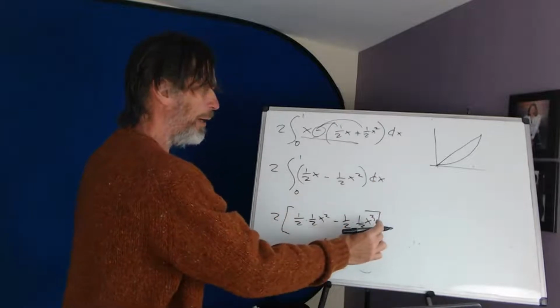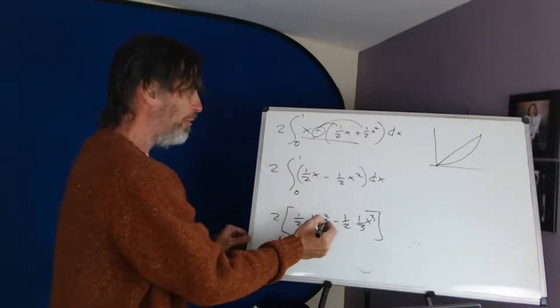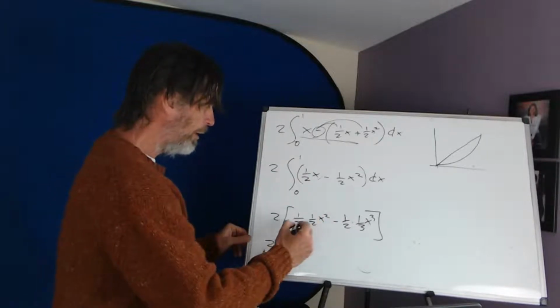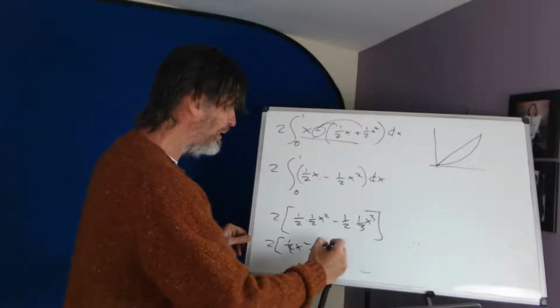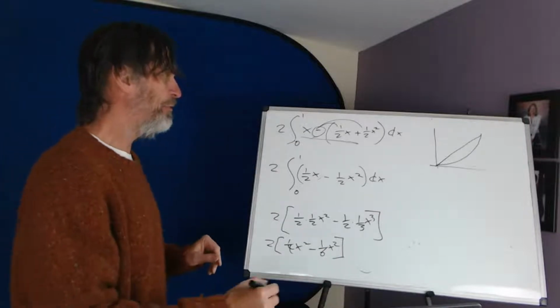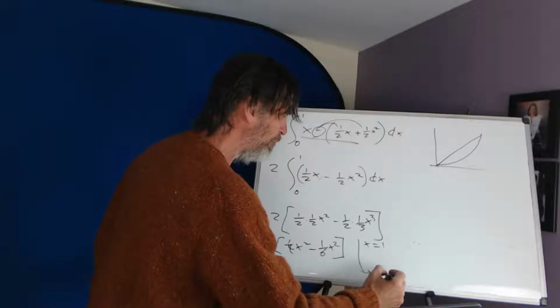Again, raise the power by 1, multiplied by the reciprocal of the new power. So this is 1/4 x squared minus 1/6 x cubed. I'm going to evaluate that from x equals 0 to x equals 1.